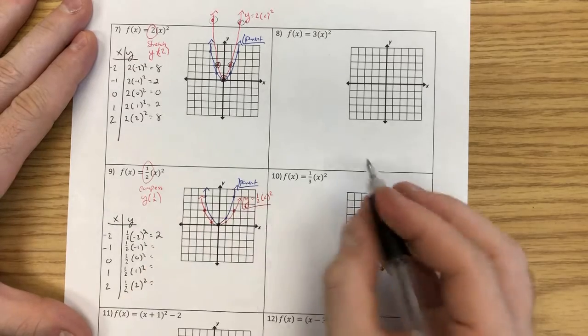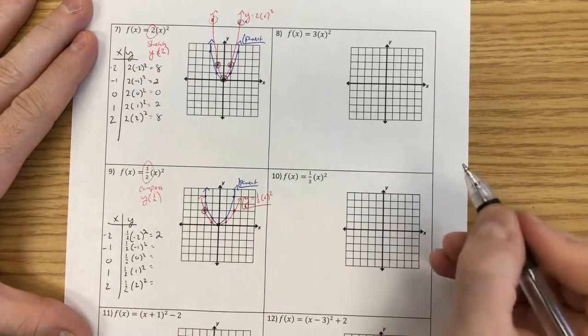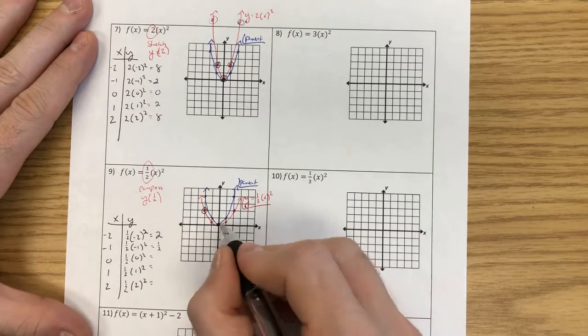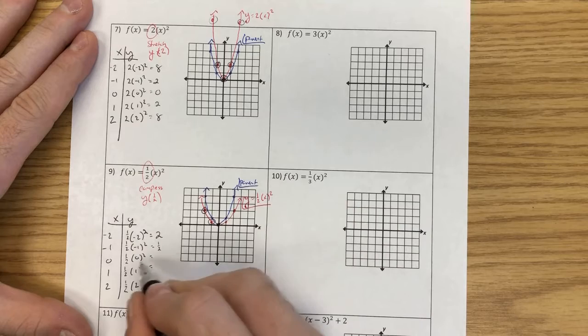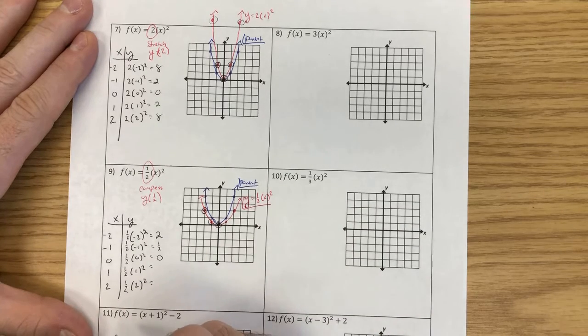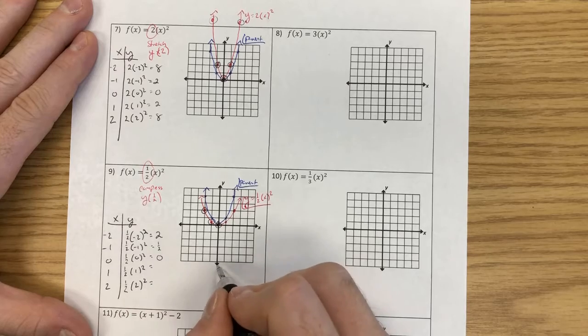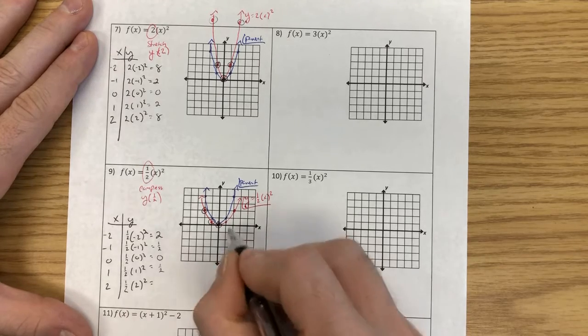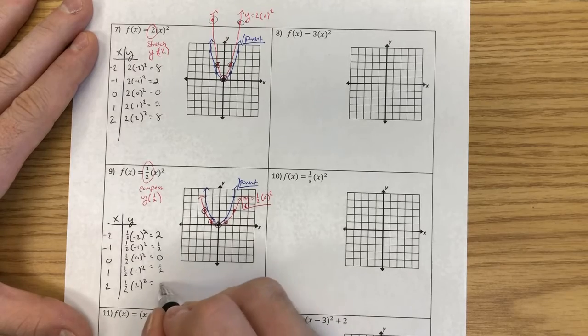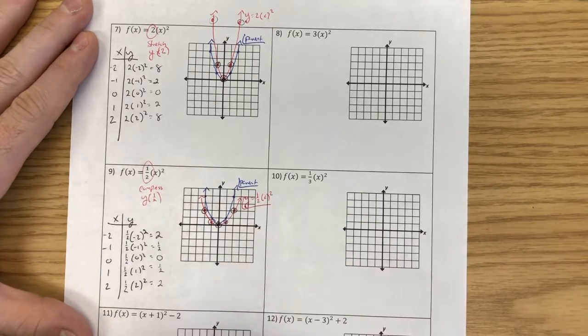Half of 4 is 2. So that one checks out. -1 squared is 1 times 1/2 is 1/2. So that one checks out. 0 squared is 0. Half of 0 is 0. That checks out. 1 squared is 1. Half of 1 is 1/2. That one checks out. And then 2 squared is 4. Half of 4 is 2. And all 5 points check out.